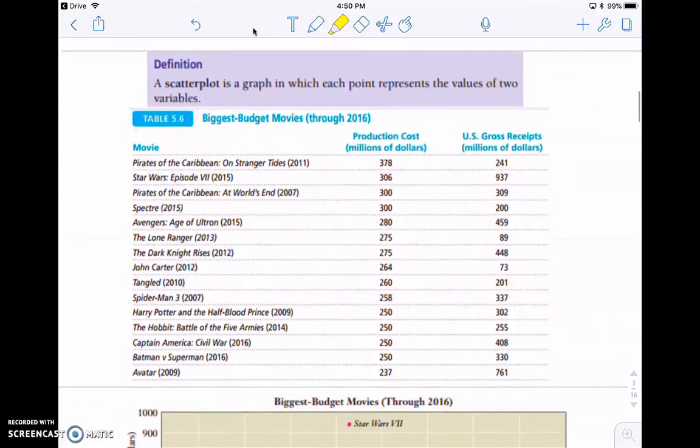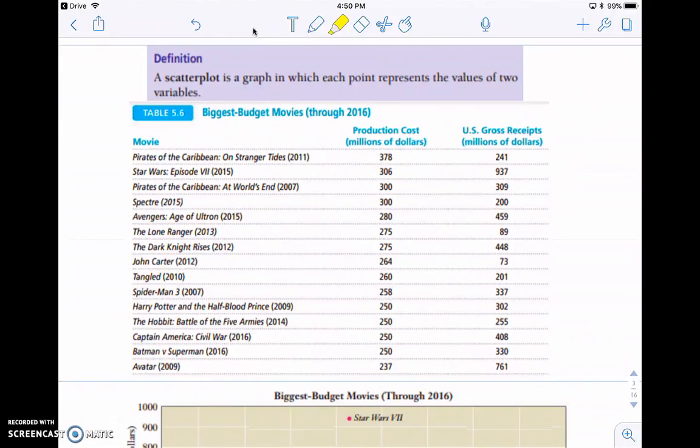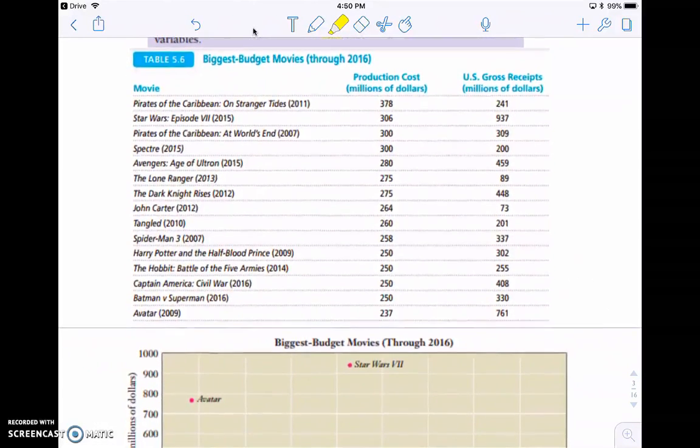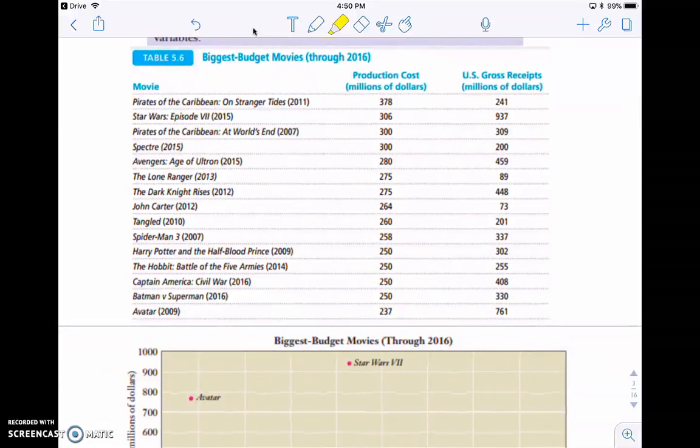So I mentioned earlier we're going to talk about what's called a scatter plot. And a scatter plot is just a graph in which each point represents the value of two variables. So there are going to be points on the graph, and each point is going to represent where two variables come together. So here we have the biggest movies, through 2016, as far as production costs.